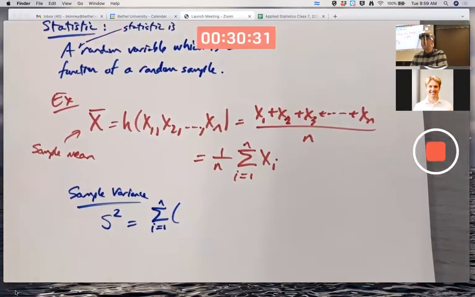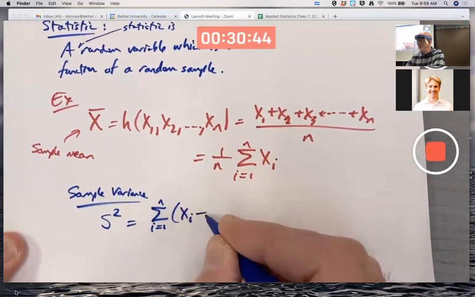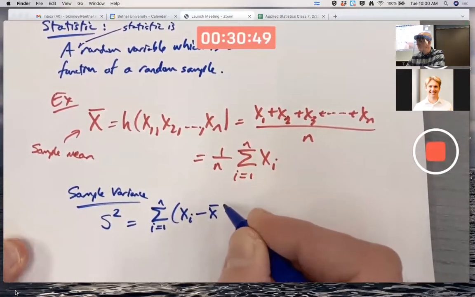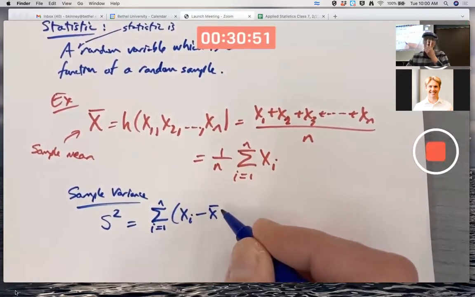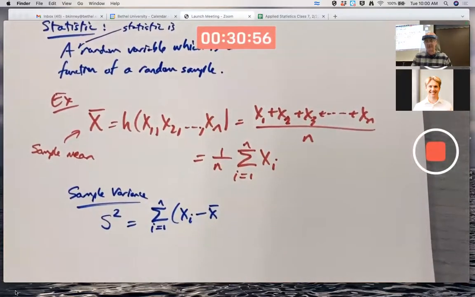So intuitively, we want this to be something big when the values of x are spread out and something small when they're not so spread out, when we actually observe values. Capital Xi minus capital X bar measures the distance between Xi and X bar, positively or negatively. If I average those numbers, you'd get 0, right? You average those deviations from the mean, they're called, you're in general going to get 0.